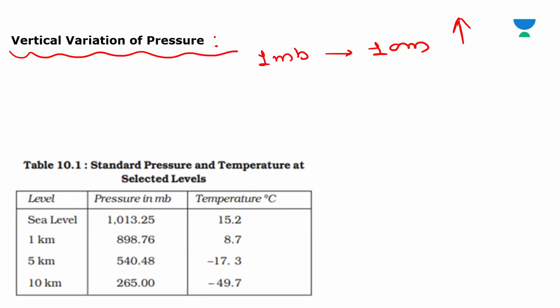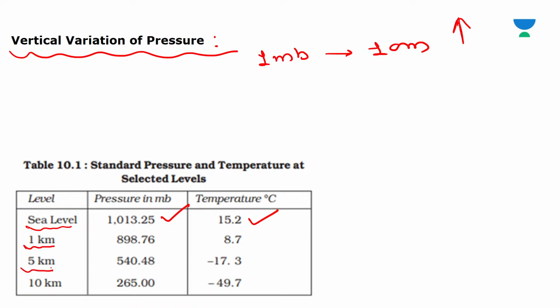Here is the table given, which gives the average pressure and temperature at selected levels of elevation for a standard atmosphere. At sea level, the pressure is 1013.25 millibar and temperature is around 15.2 degrees Celsius. At 1 kilometer, the pressure is 898.76 millibar and temperature is around 8.7 degrees Celsius.